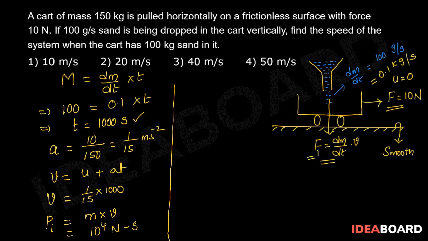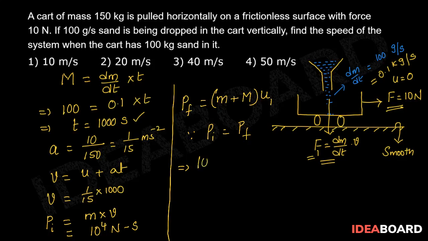Now the momentum of the cart just after 100 kg of sand is filled into it is given by P final, equal to mass of the cart plus mass of sand added into the cart times velocity. Now since linear momentum in horizontal direction doesn't change, P initial is equal to P final by conservation of linear momentum in horizontal direction.